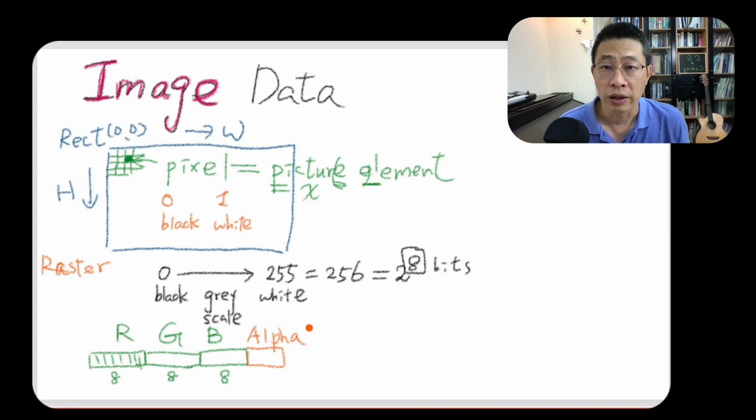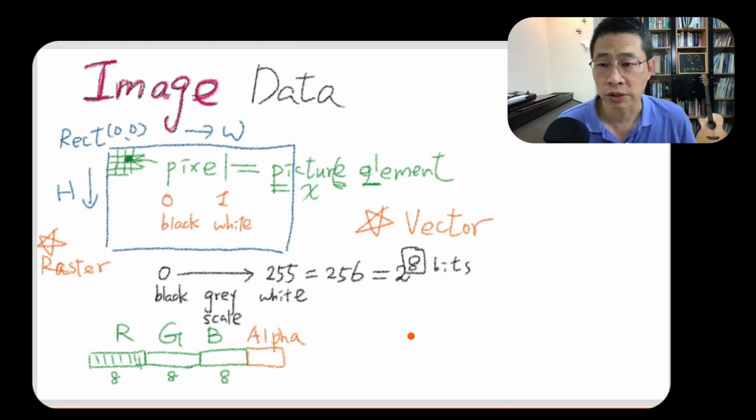Okay, that is a very brief introduction to the digital raster image. And actually there is another type of image I want to talk to you about. It is what we call a vector image.